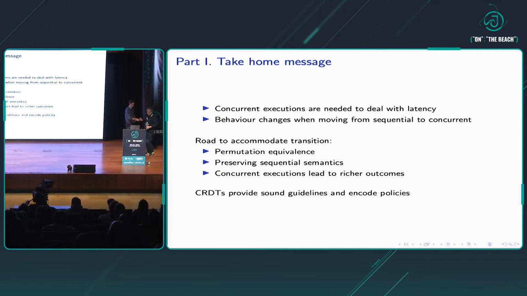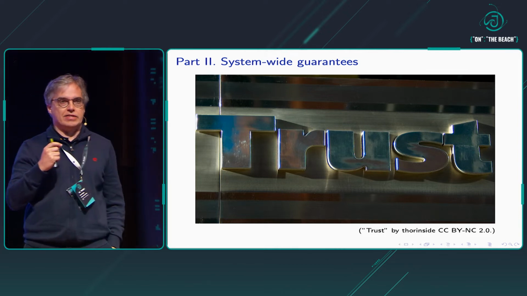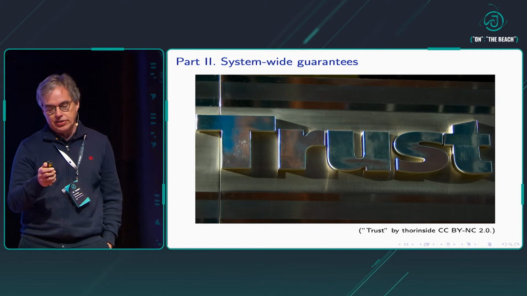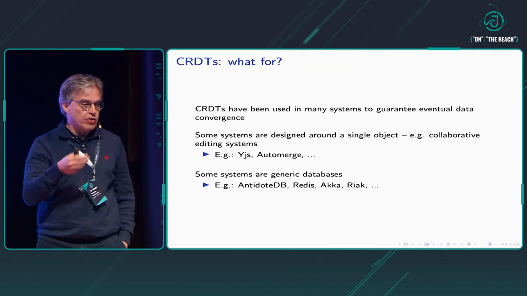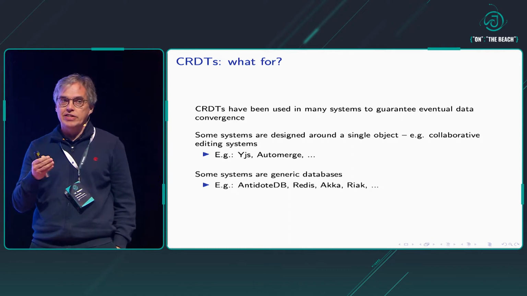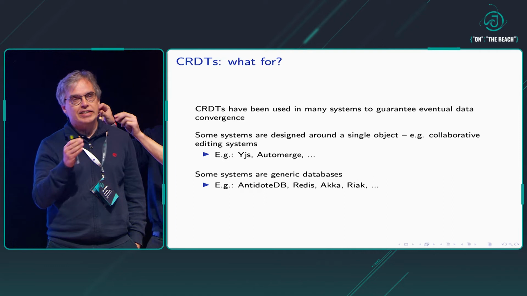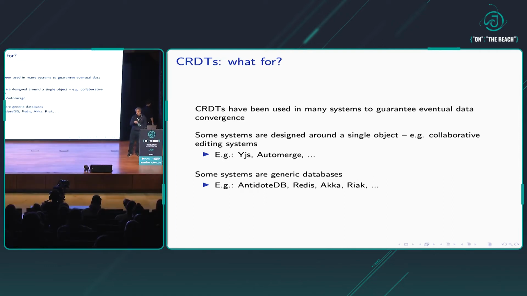Okay. Thank you. In this second part, what I'll be trying to show you is how we can build on CRDTs to give more complex guarantees to the applications. Before going there, let's recap a little bit. CRDTs have been used in lots of systems for guaranteeing that all replicas will converge to the same state, okay?